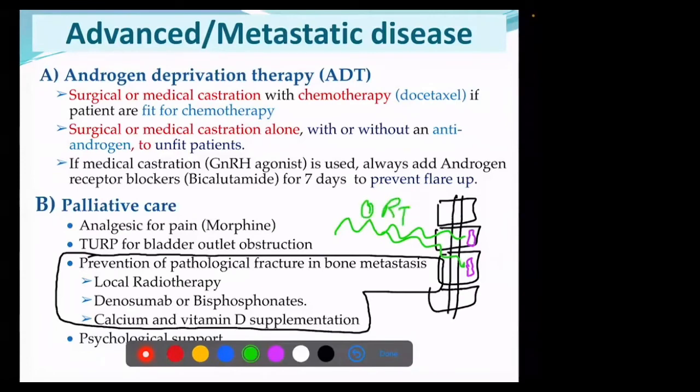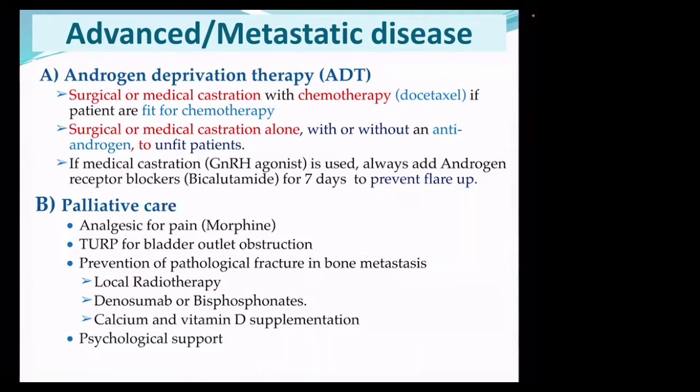Okay, give some drugs like denosumab or bisphosphonate, which makes the bone strong. Also prevent fractures, and also calcium and vitamin D supplement that provide calcium for bone strength. So these are the management specifically designed to prevent fracture of the bone and vertebrae in the case of metastatic cancer prostate.